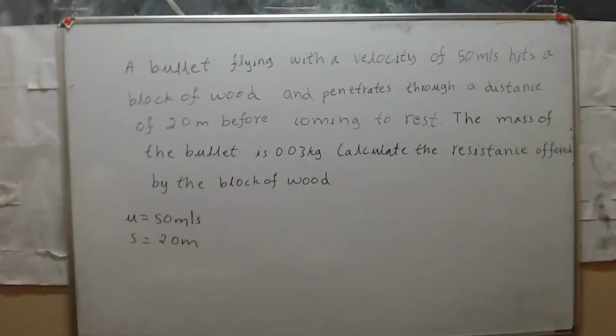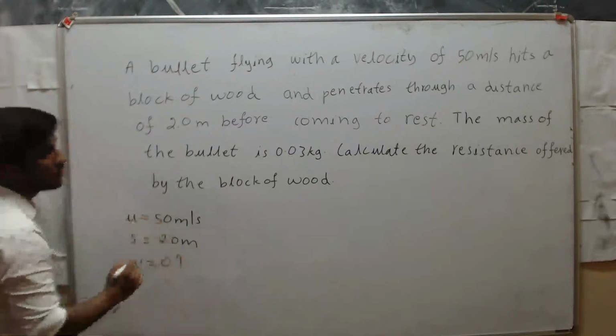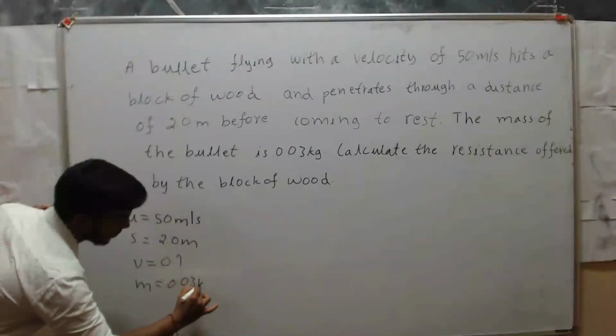Coming to rest means its final velocity is 0, right? So v is equal to 0, and its mass m is equal to 0.03 kg.